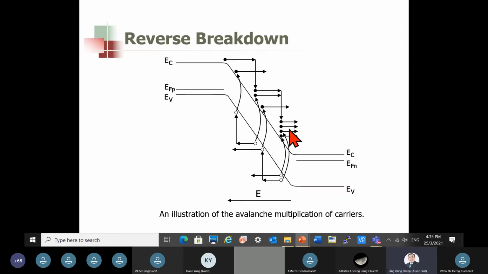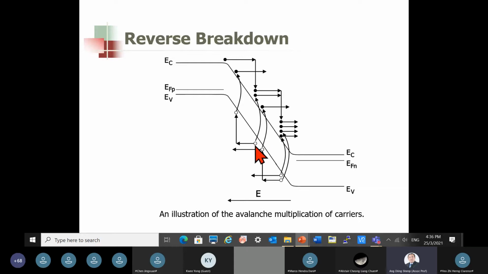Right, so at this point, you have 1, 2, 3, 4, 5, 6 carriers. So as you can see, a chain reaction basically has taken place whereby one carrier has now produced many more charge carriers by impact ionization. It's a chain reaction because impact ionization creates more carriers and the generated carriers in turn create more carriers. So it gives rise to a chain reaction.